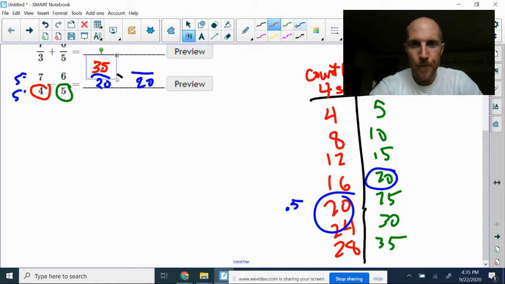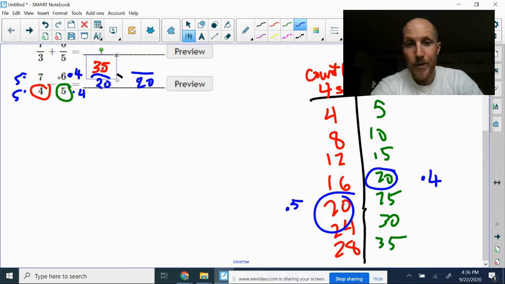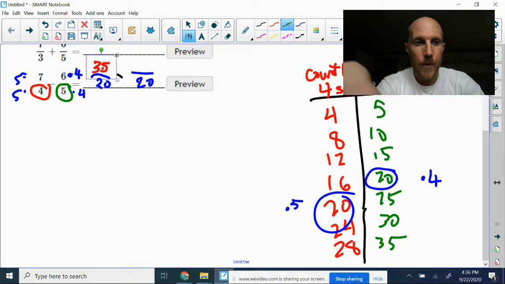This is times 4. So I multiplied 5 times 4 to get 20. I have to multiply the top number times 4 as well. On the top, I need to multiply 6 times 4, and that is going to be 24. Okay, so I got this problem.